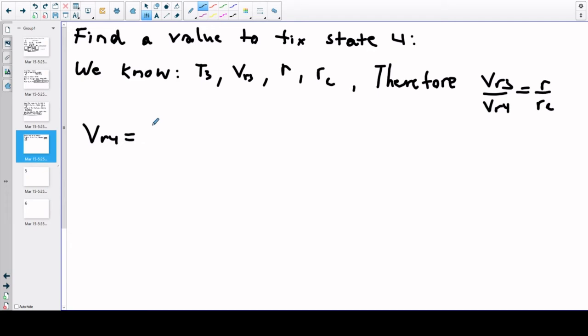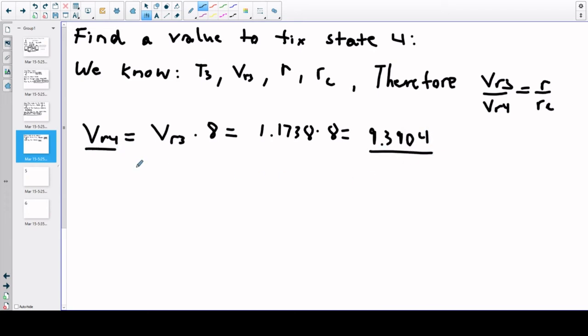And so from there we have VR4 equal to VR3 divided by, or it's R over RC, but then whenever it comes over, it flips. And so as you can see, VR4 is equal to VR3 times 8. So your VR got larger, which makes sense, right?